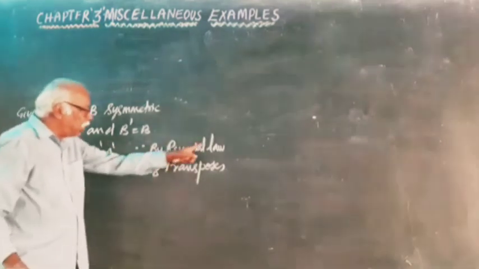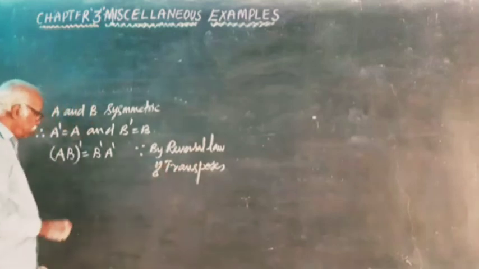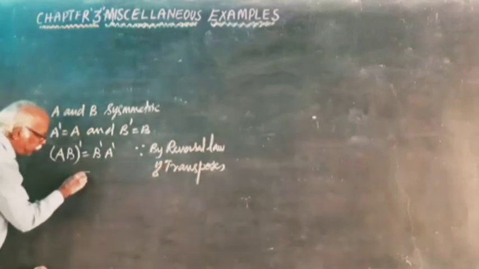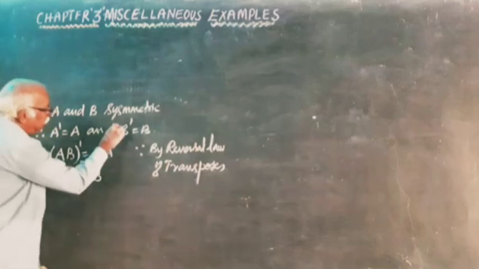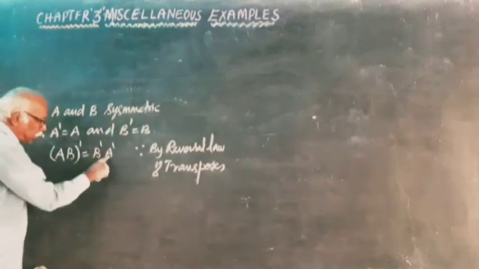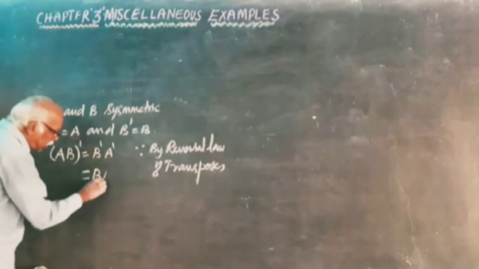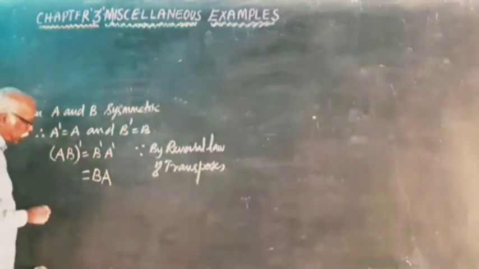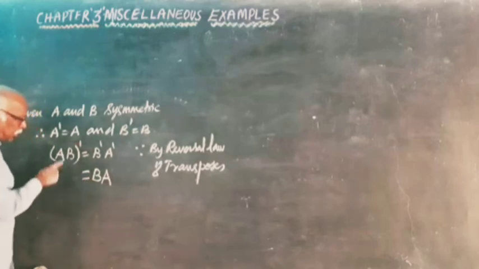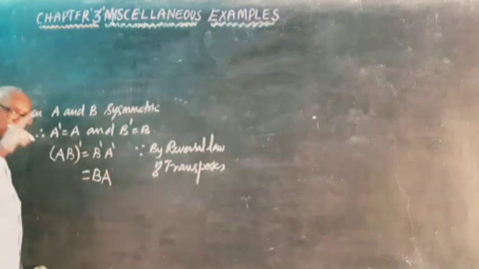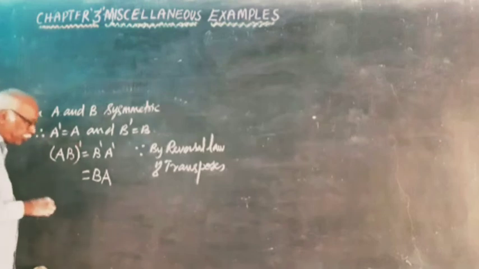In place of B dash, I can write B because B dash is equal to B. In place of A dash, I can write A because A dash is equal to A. So (AB) dash, we got BA. But (AB) dash is equal to AB only, AB is completed.